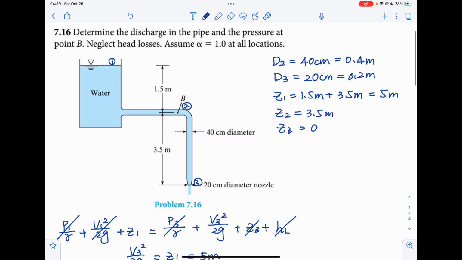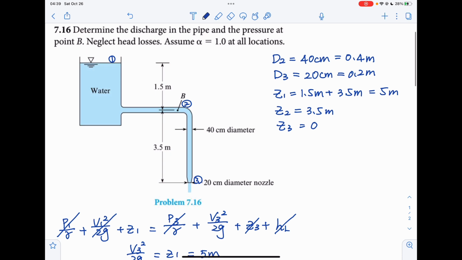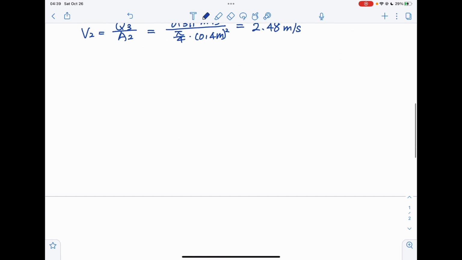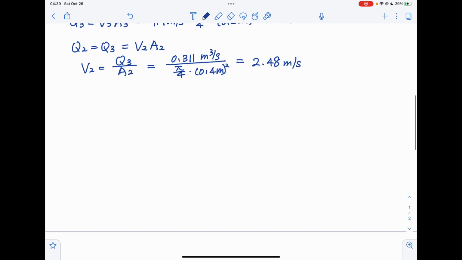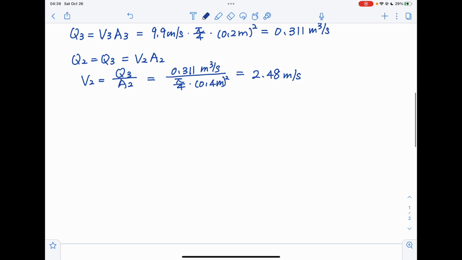Now we have the velocity, elevation and pressure information at point 3, so we can use the energy equation again to find the pressure at point B. I'm going to write down the energy equation again.